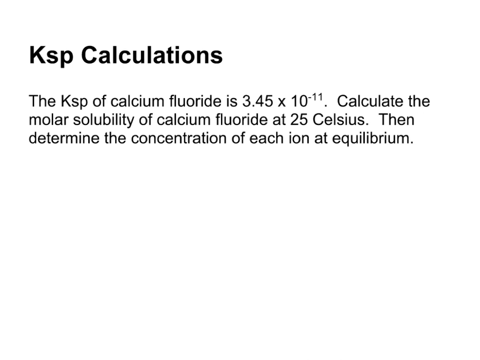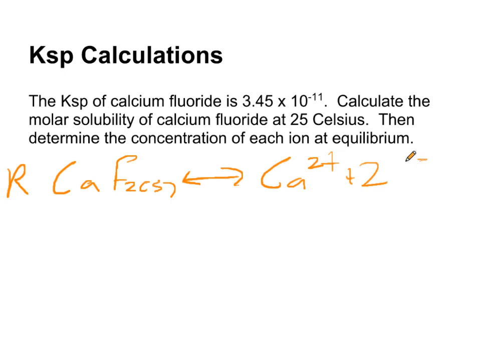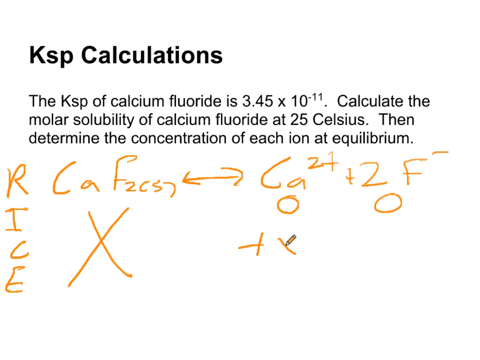Well, our reaction is calcium fluoride, solid, at equilibrium with a calcium ion and 2 fluoride ions. If we fill out the rest of our RICE table, we remember that solids don't do anything, and we didn't have any of this at the beginning, so we end up with plus x, plus 2x because of the coefficient 2 in the balanced equation. So at equilibrium we have x and 2x.